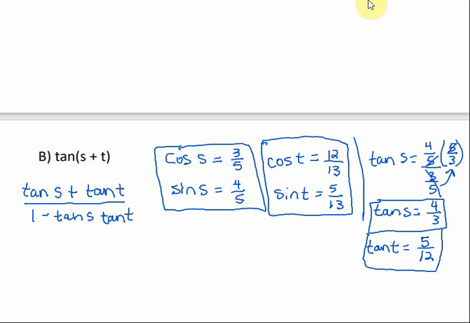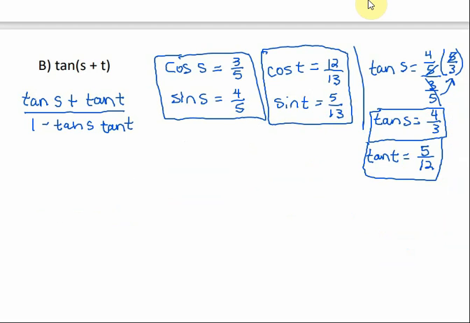Okay, so those are our tangent values that we need, and we're just going to plug them back into this sum identity. Okay, so we have tangent of s, which is 4/3, plus tangent of t, which is 5 over 12, over 1 minus tangent of s times the tangent of t.